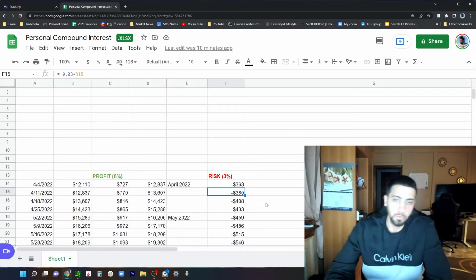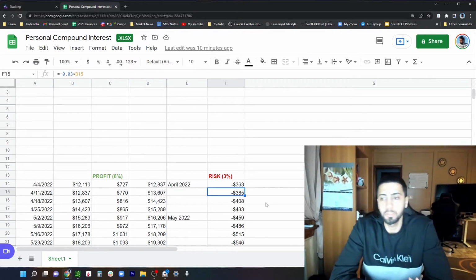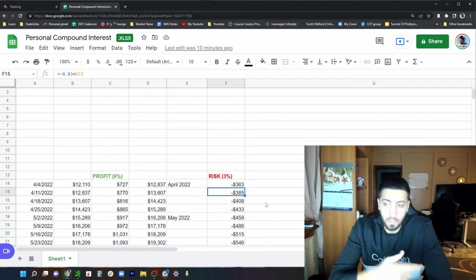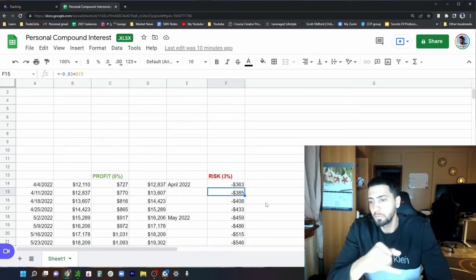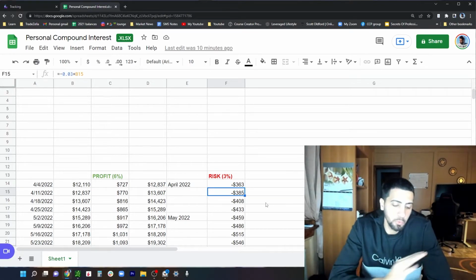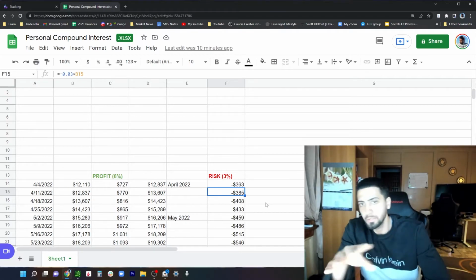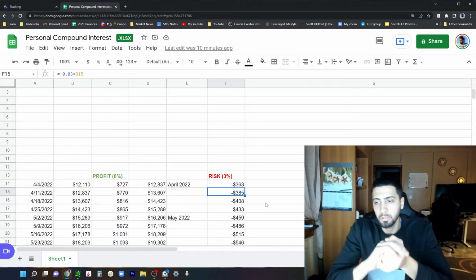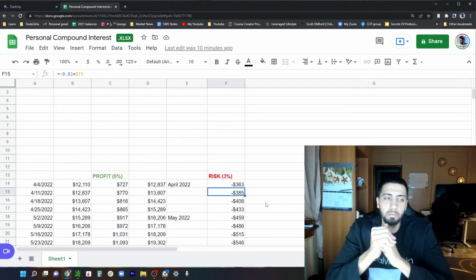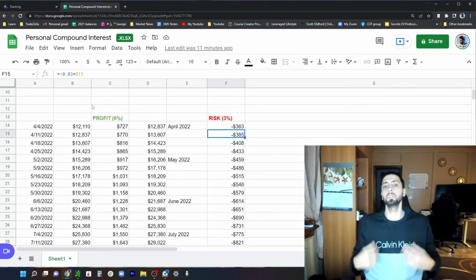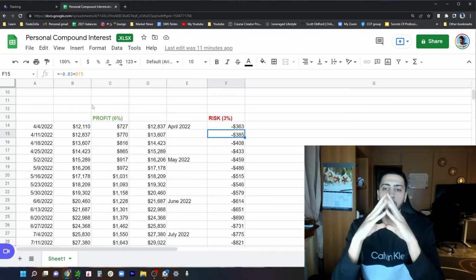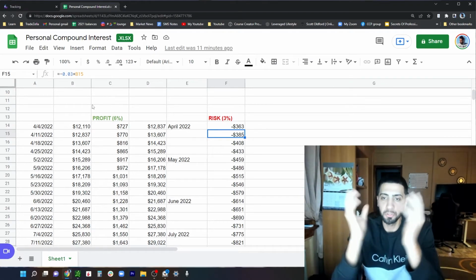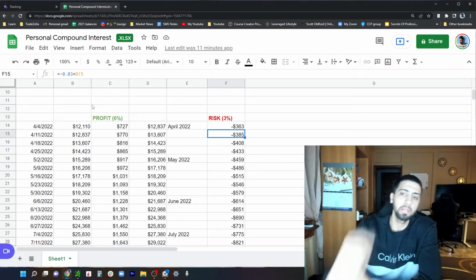Ideally, in a perfect world, I wouldn't want to lose more than 3% in a week. But worst case scenario for me, I believe I'll do it as $1,000. That's the worst drawdown that I would like to see on this account, because in terms of percentage, that's about a 10% hit.